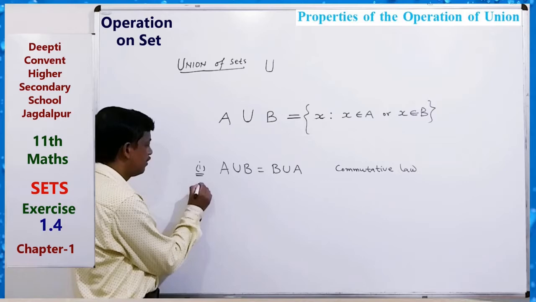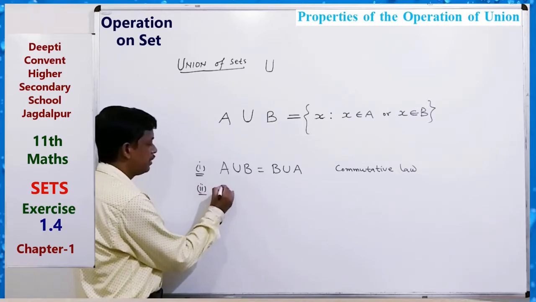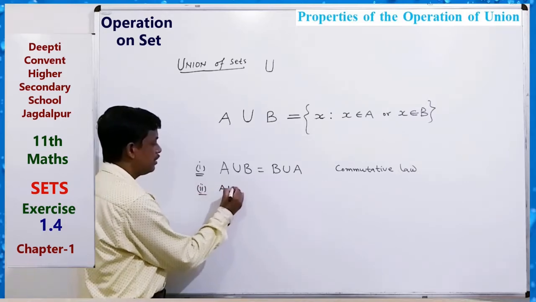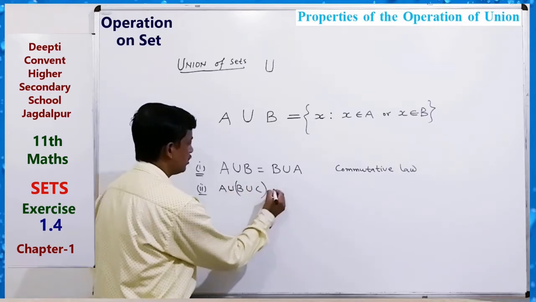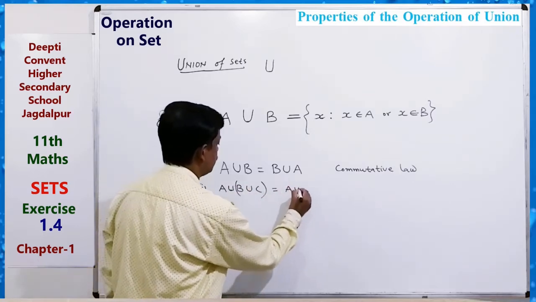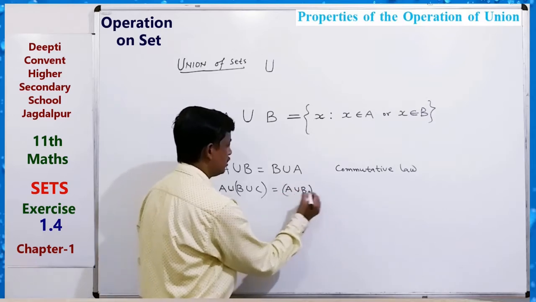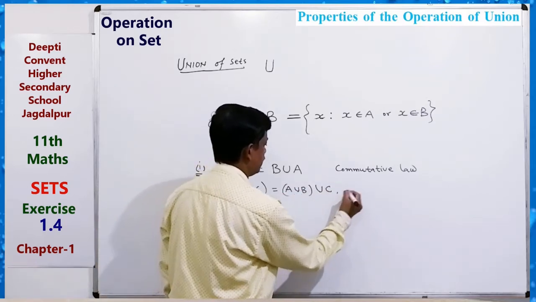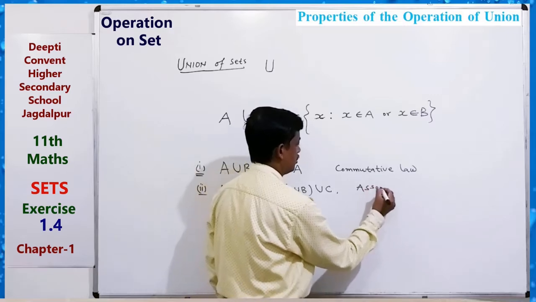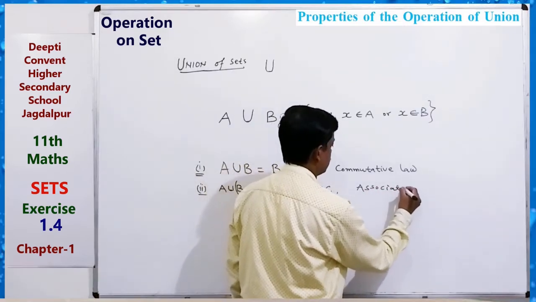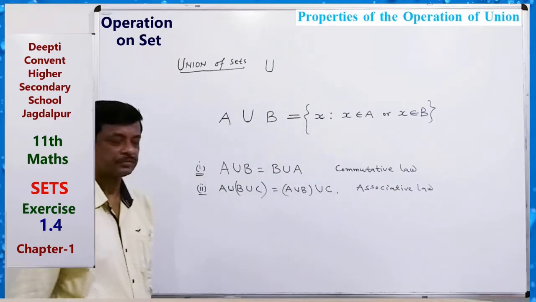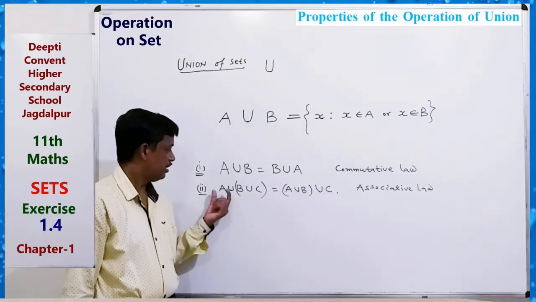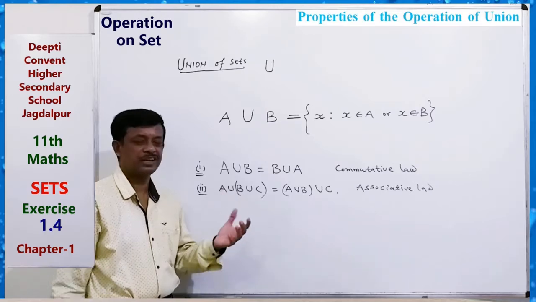Second, A union (B union C) equals (A union B) union C. This is the associative law. Suppose there are three sets.